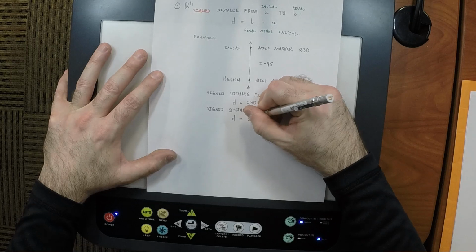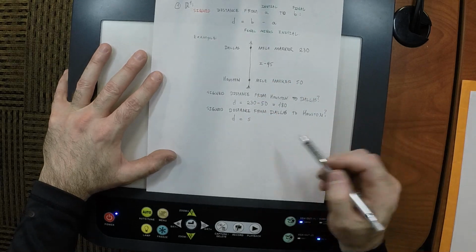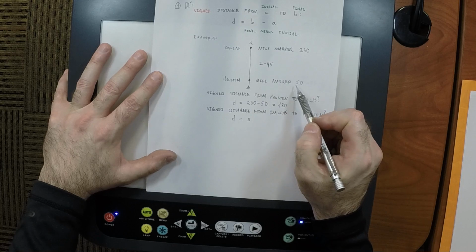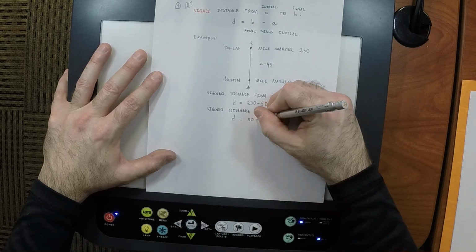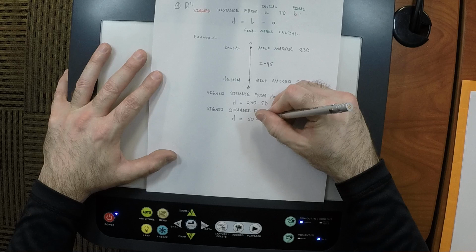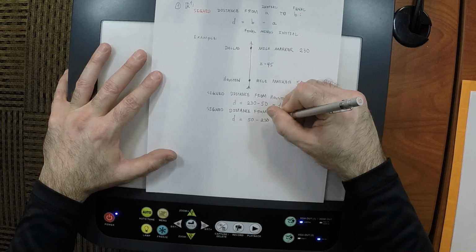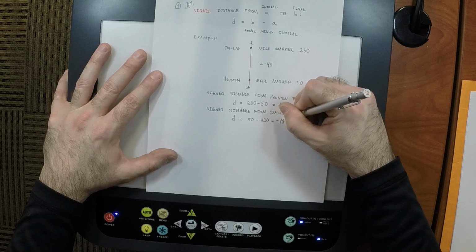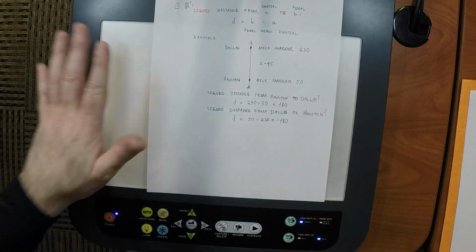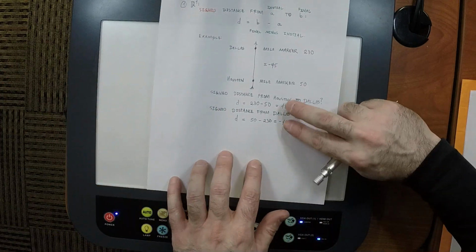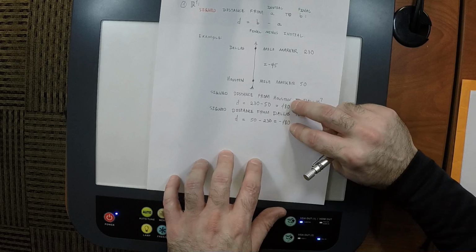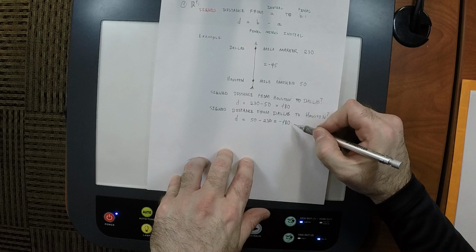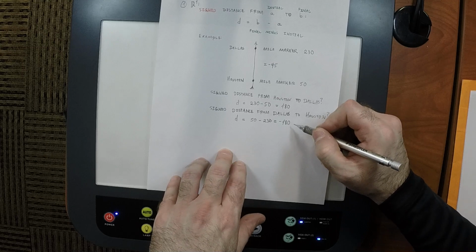So now it's always going to be final minus initial. So final position is 50, and initial position is 230. So this would be negative 180. So notice that those two are the same in magnitude, but opposite in sign. So this one is positive 180, and that one is negative 180.